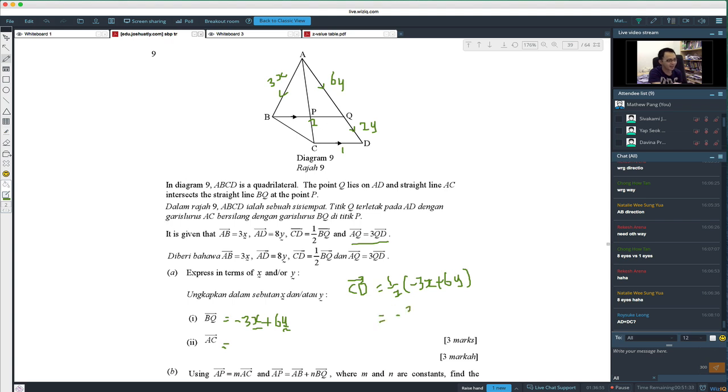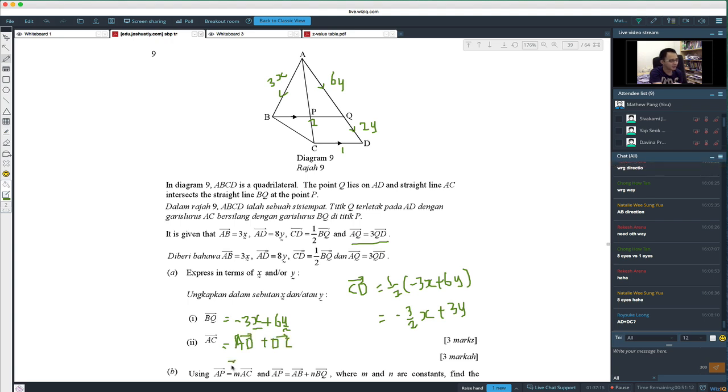This is CD. So in order to find AC, A to C, I can say it is AD plus DC. My AD is 8y, easy.